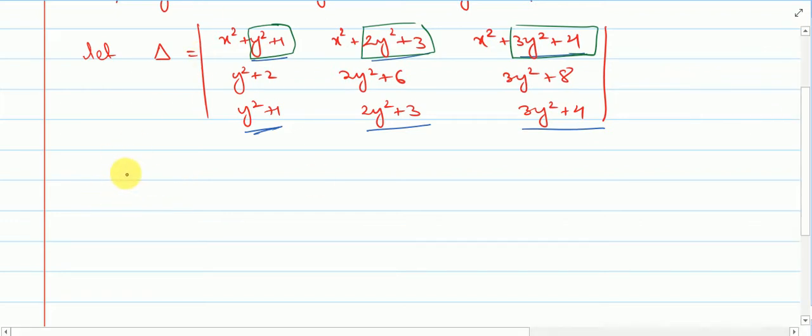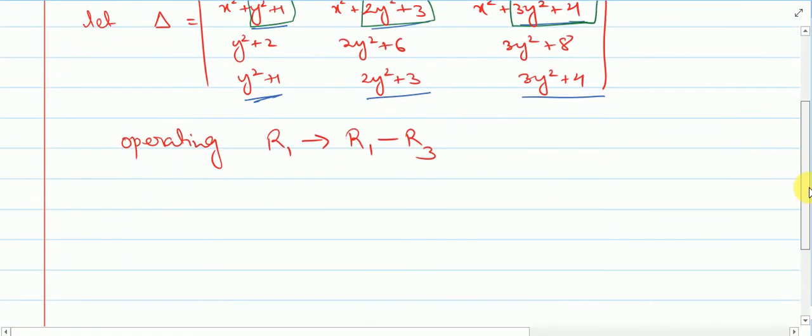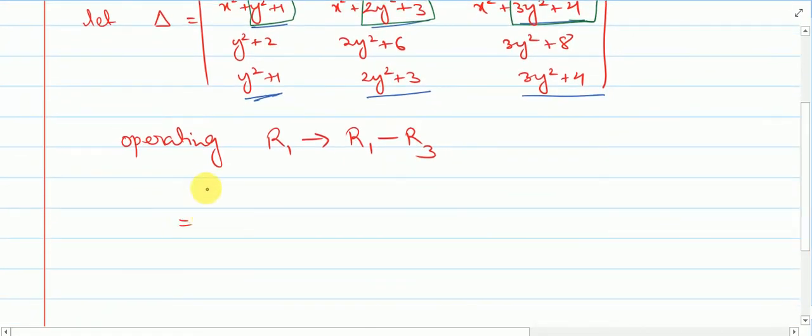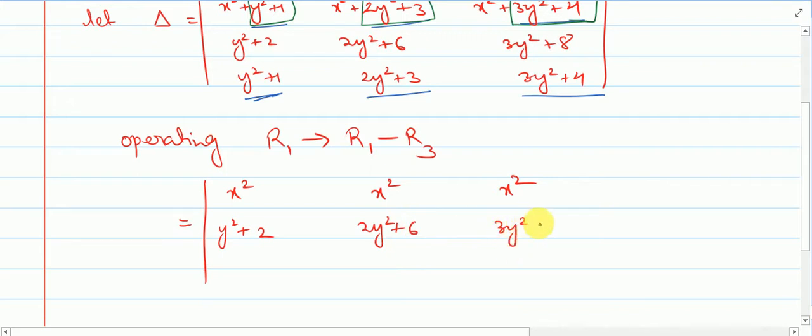So operating R1 becomes this. So we will get x square, x square, x square. Here y square plus 2, 2y square plus 6, 3y square plus 8, y square plus 1, 2y square plus 3, 3y square plus 4.